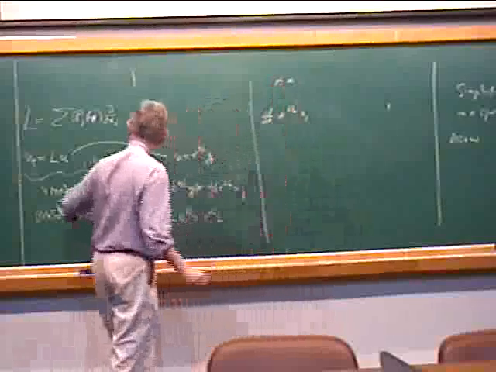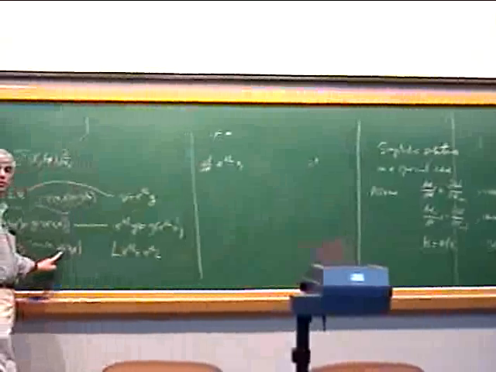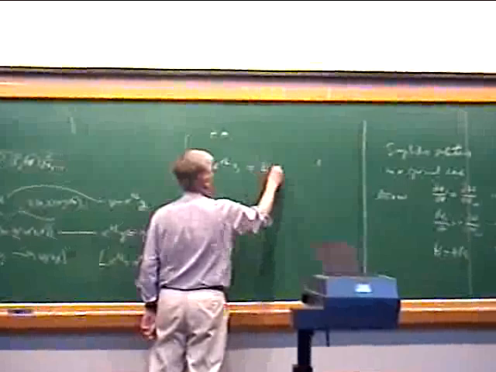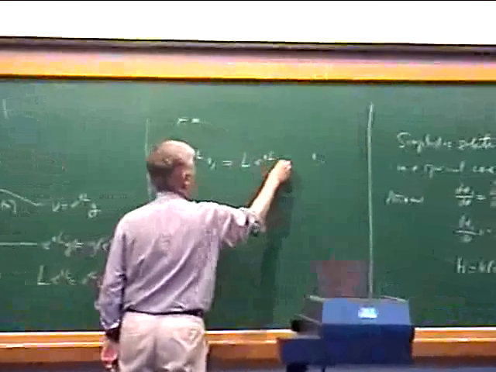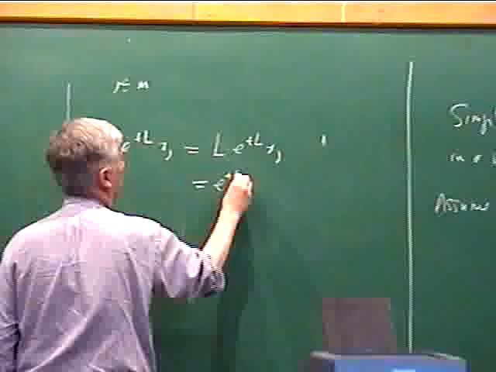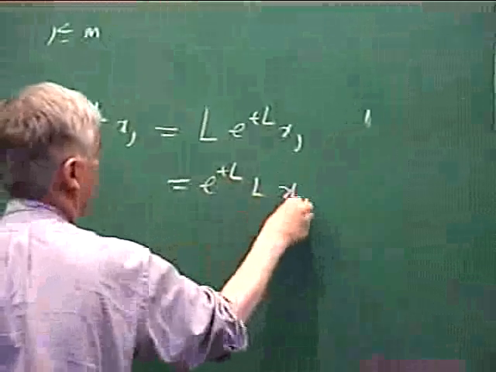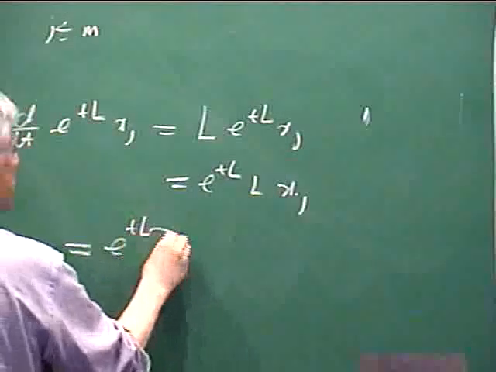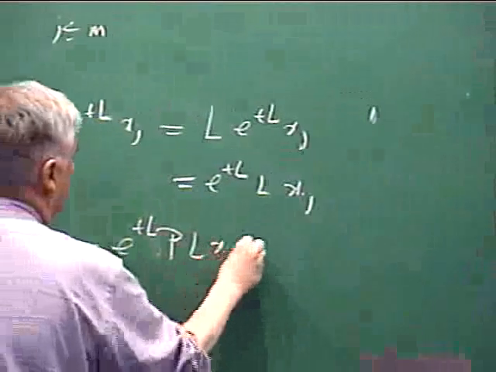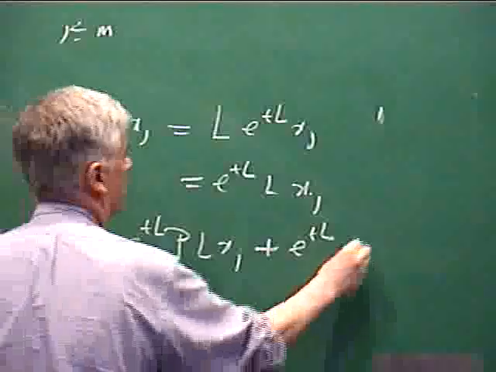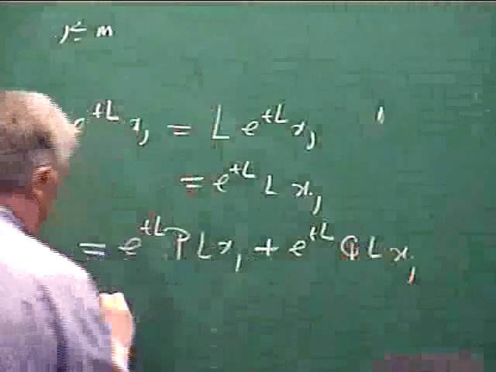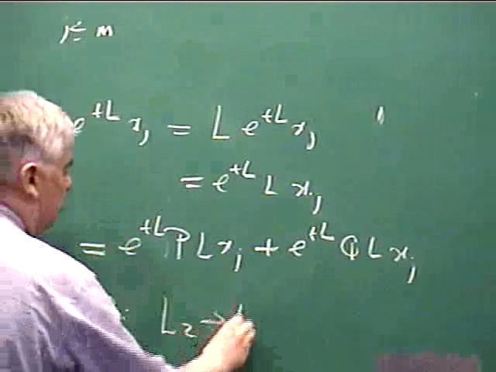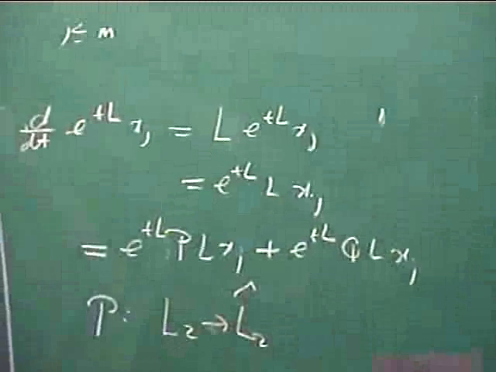It's not the only thing which I can use, but the only thing which I care about is the case in which it gives you the original solution, is equal to L e to the power TL acting on xj, which is equal to e to the power TL times L acting on xj, which is equal to, sorry about this, e to the power TL times P L xj plus e to the power TL Q L xj, where P is the operator, the conditional expectation which takes from L2 to L2 roof, the thing which was under the blackboard here.